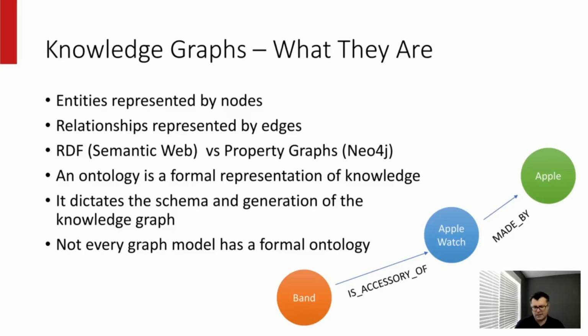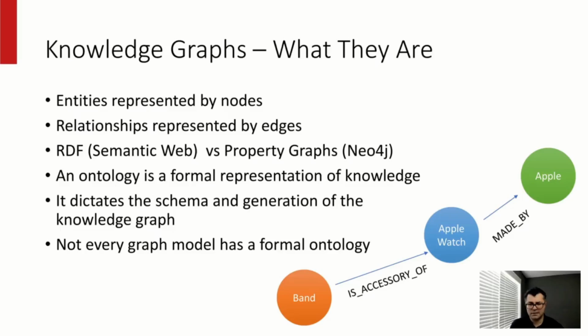And one important thing I want to note is that not every graph model, or like, I don't know if you're going to call them knowledge graphs, necessarily has to have a formal ontology. Sometimes you just want to represent your data as a graph, and you don't have formalized rules about how that must happen.